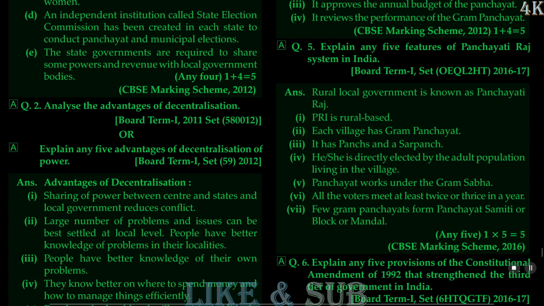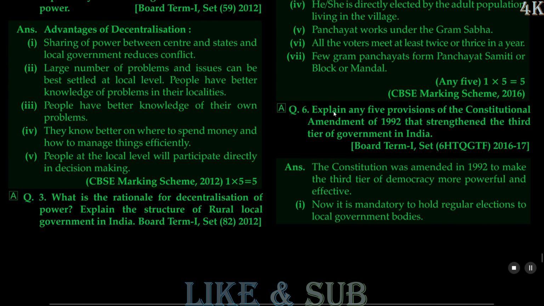It has panchs and a sarpanch. 4. He or she is directly elected by the adult population living in the village. 5. Panchayat works under the Gram Sabha. 6. All the voters meet at least twice or thrice in a year. 7. Few Gram Panchayats form Panchayat Samiti or block or mandal.